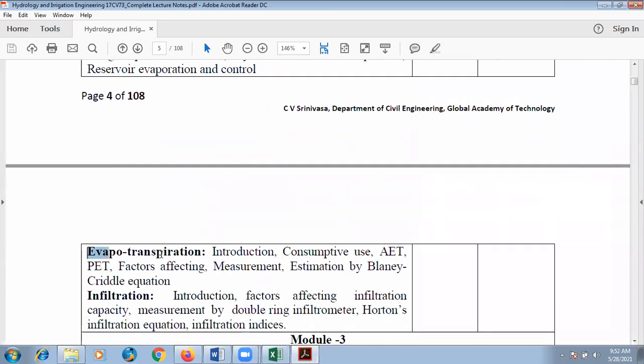Some part is consumed by vegetation, crops, etc., for their transpiration needs, which we know as evapotranspiration, because along with this transpiration of plants, some part of the soil moisture also gets evaporated where we have the roots of these vegetation. Therefore, the combined term evapotranspiration is used.